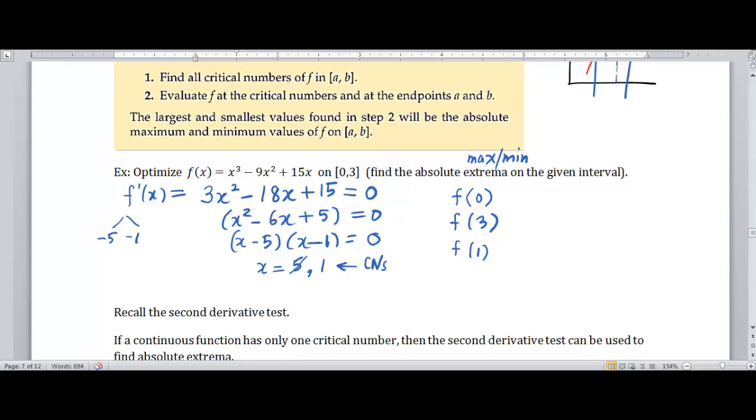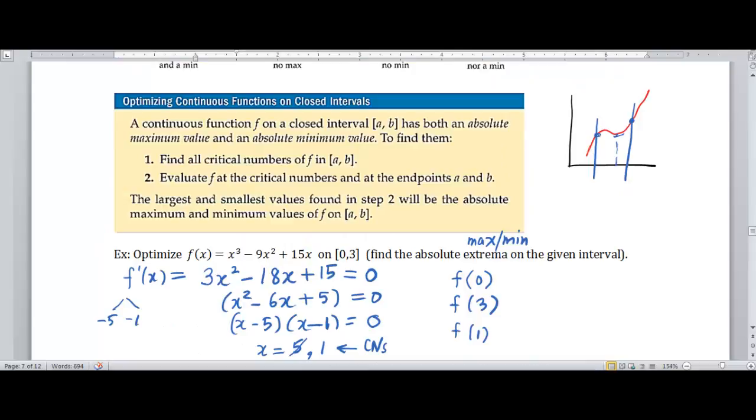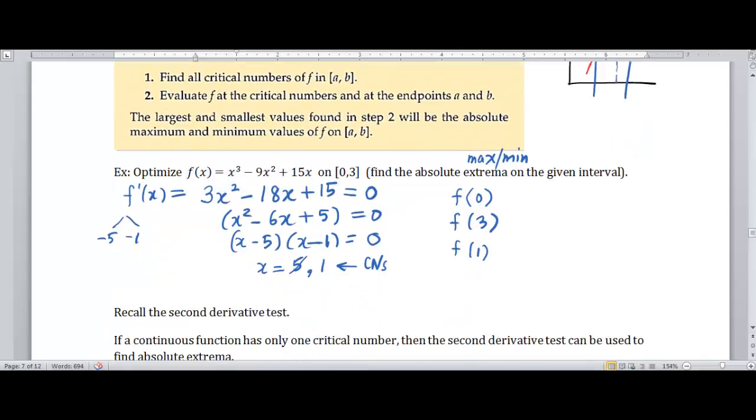Let me change my pen color here. We are going to cross this one off because it is not in the interval 0, 3. So we don't want to look at that one. We only want to evaluate at these 3 values.